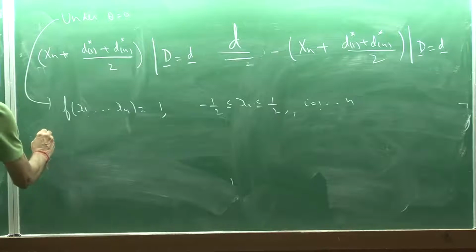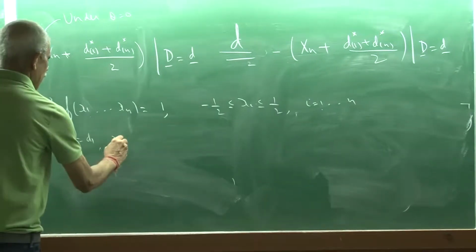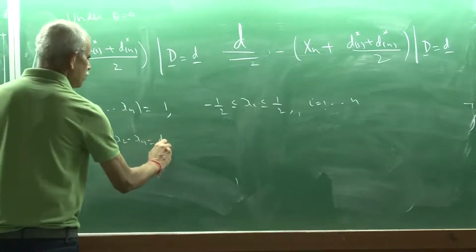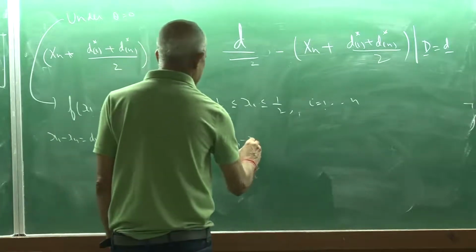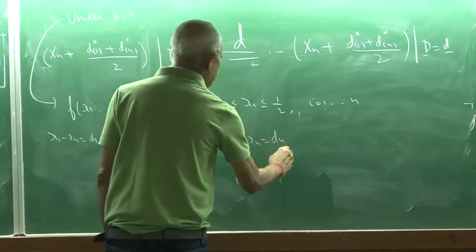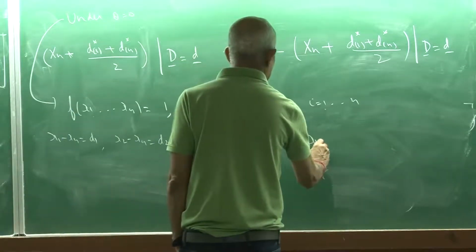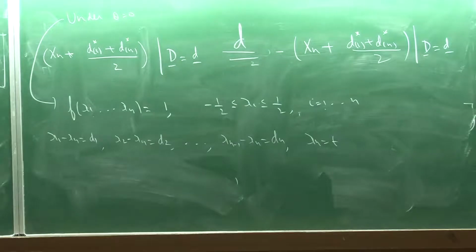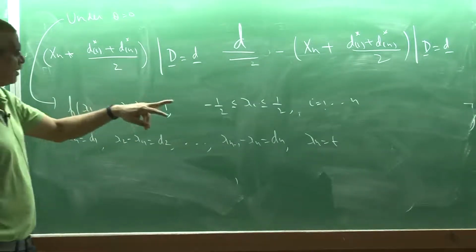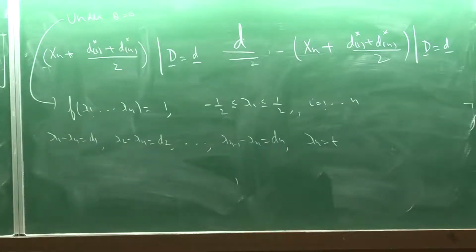So, my x1 minus xn is d1, x2 minus xn is d2, xn minus 1 minus xn is dn minus 1, and let me put xn as t, so that I find out the joint PDF of d1, d2, dn minus 1 and xn at points small d1, small d2, small dn minus 1 and t.